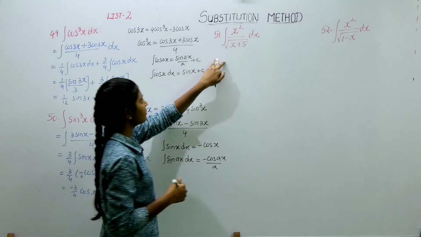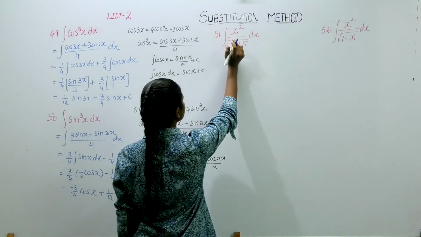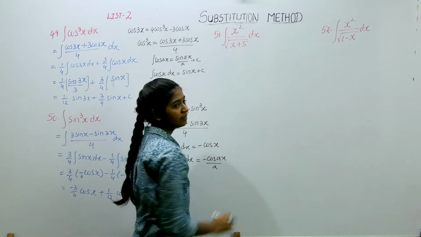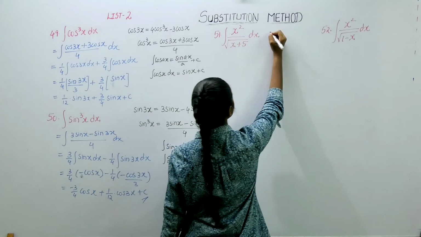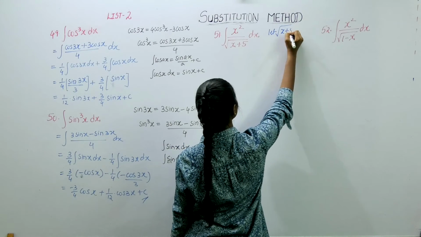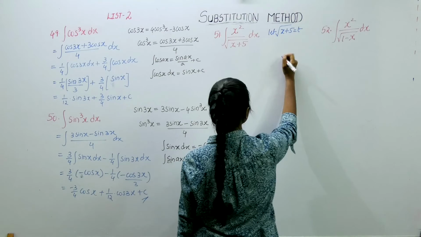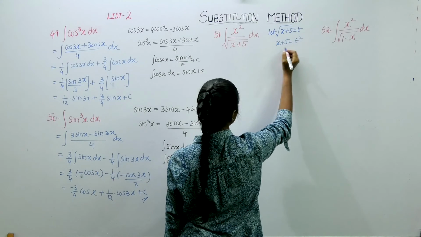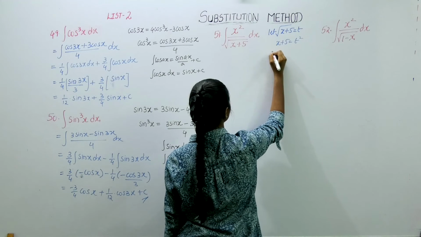Next, 51. It is given as integral x square by square root of x plus 5 dx. To solve this, let us assume square root of x plus 5 is equal to t. Squaring on both sides becomes x plus 5 equals t square.